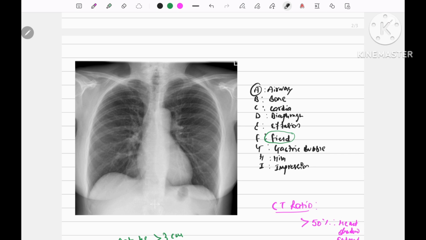tension pneumothorax. Okay, now G for gastric bubble. We can see clearly on the left side below the diaphragm there is one gastric bubble.